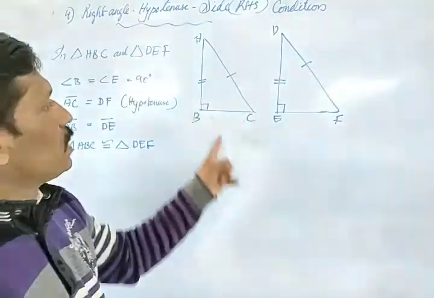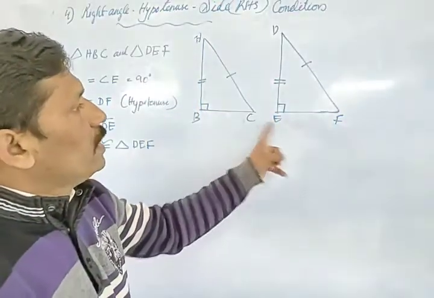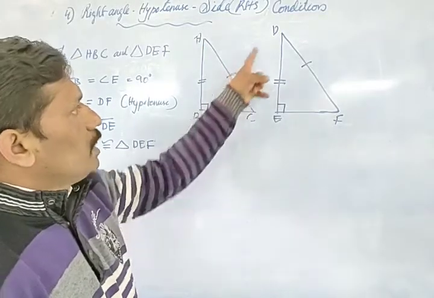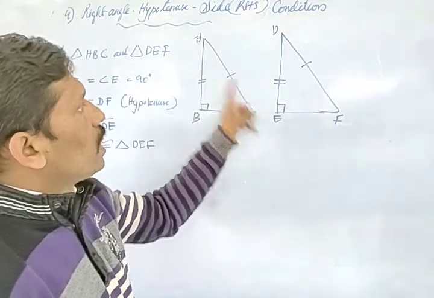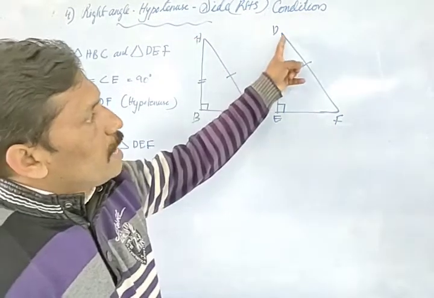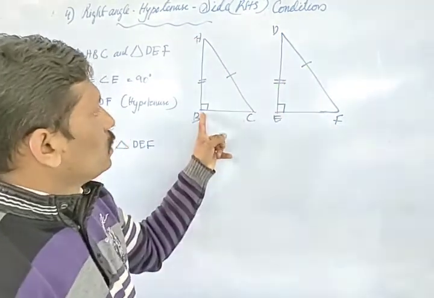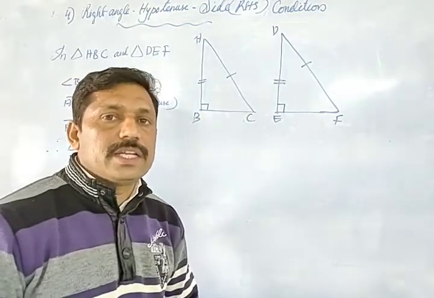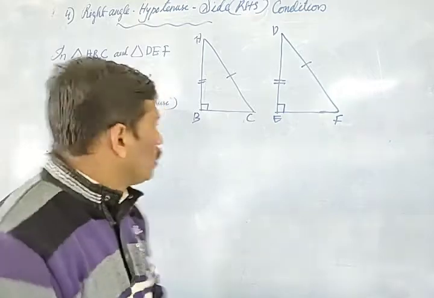Here you can see two right angle triangles, triangle ABC and triangle DEF.